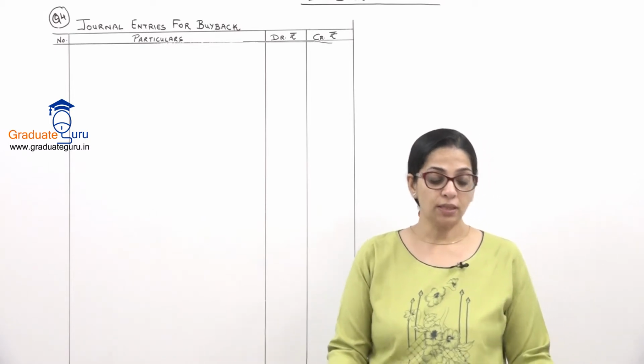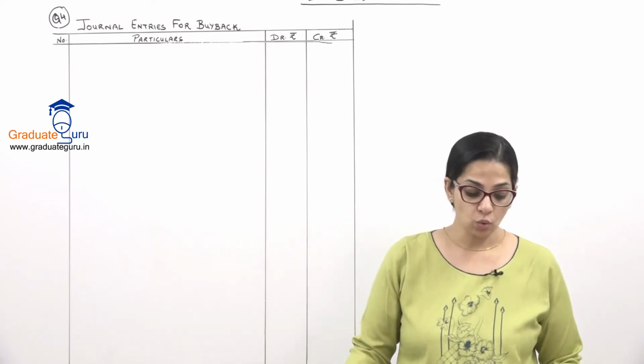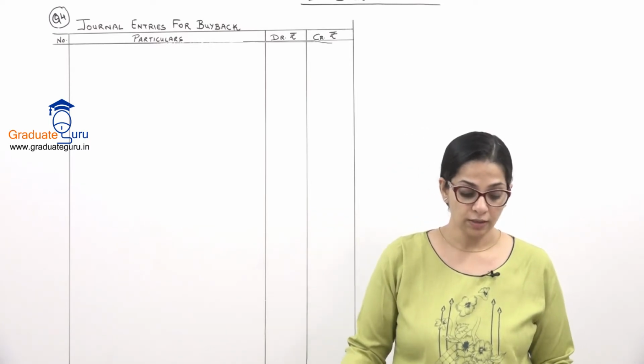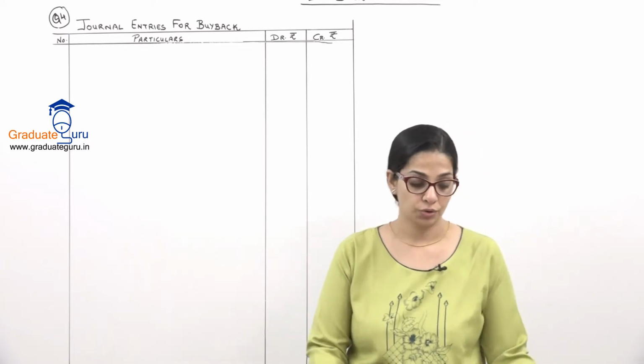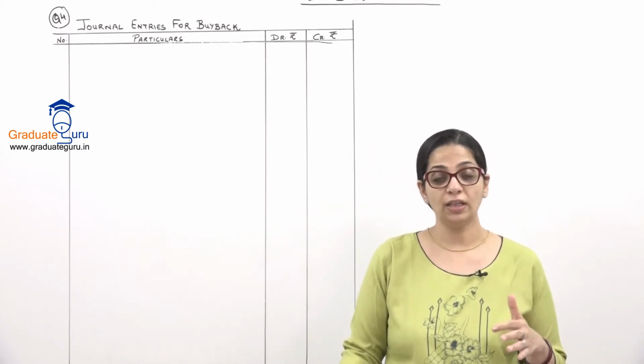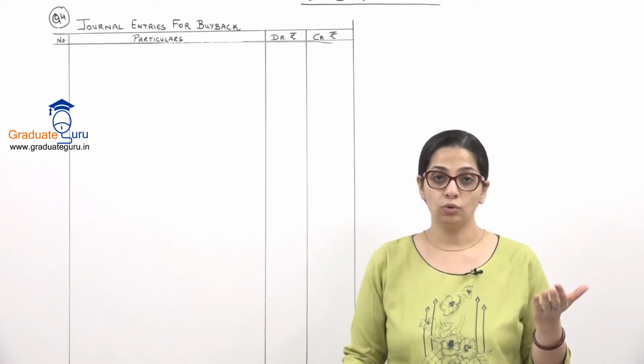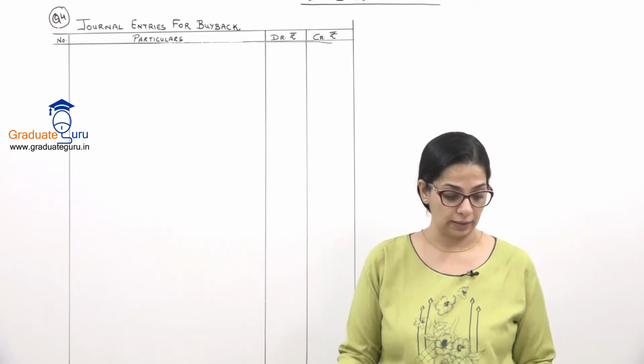It has rupees 3 lakh in securities premium and rupees 2,50,000 in general reserve account. So these are their total reserves, which they feel are insufficient for buyback. So for buyback they will have to issue new shares.